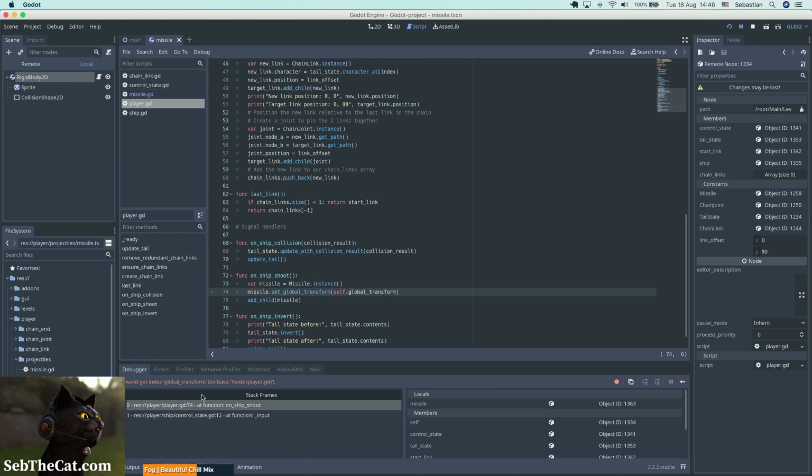Valid get index global transform. Okay, so why is global transform not available? I mean, this was working before anyway, so alright.